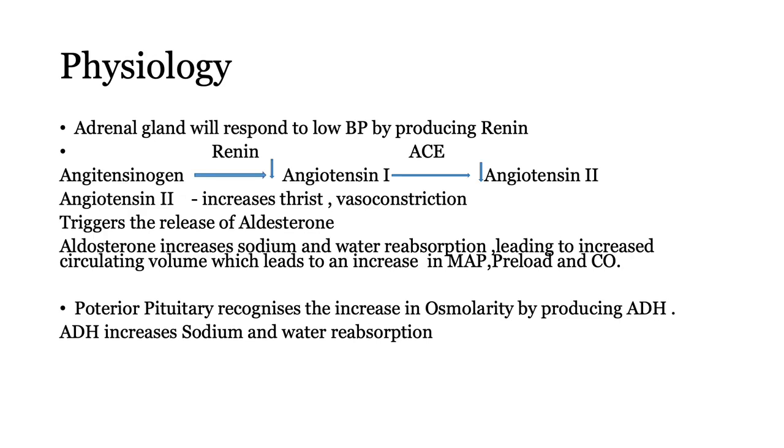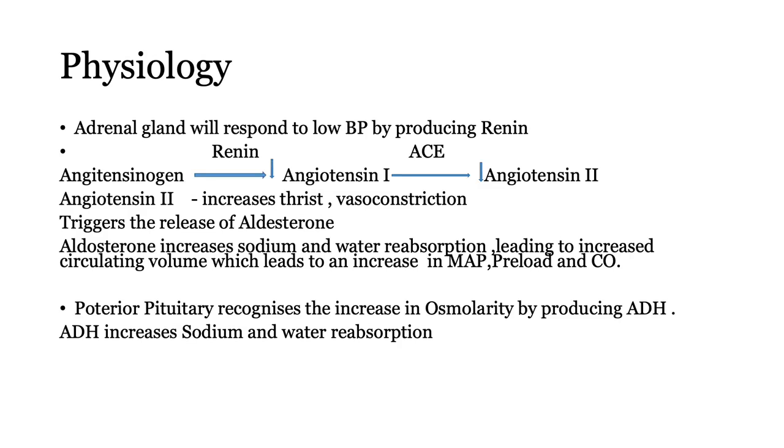Angiotensin 2 works to increase thirst, so the individual will take in more water, and it will cause vasoconstriction, which will lead to an increase in systemic vascular resistance, which will ultimately lead to an increase in cardiac output.